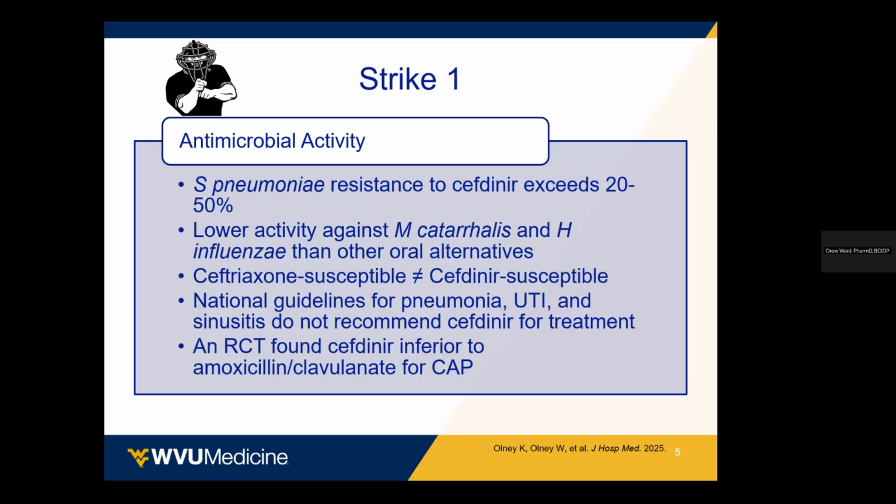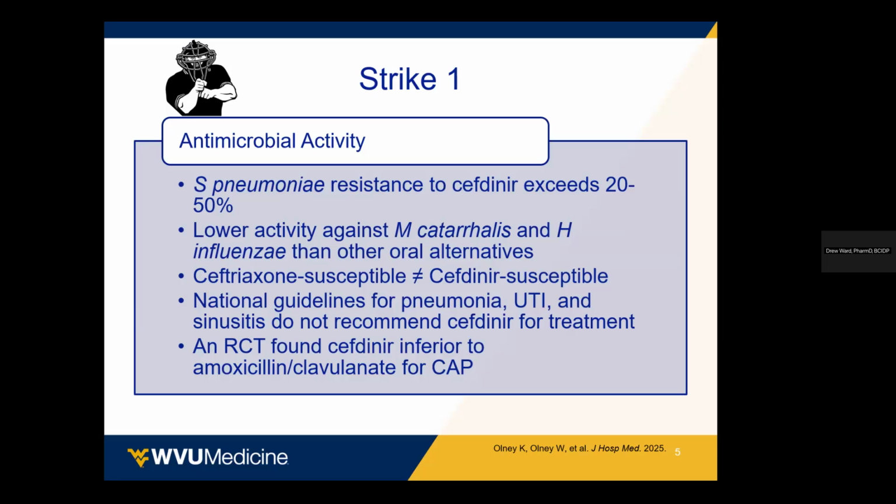One big thing that I do see from time to time in practice is assuming that ceftriaxone susceptibility is equivalent to Cefdinir susceptibility for an organism whenever we're looking at a susceptibility report for a specific isolate. And that's not the case.